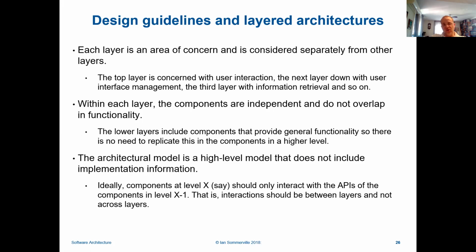Right. You don't say how to do it. You just say how it's going to be designed. Ideally, components at level X should only interact with the APIs of the components of level X minus 1. That's an interesting point he's making here.